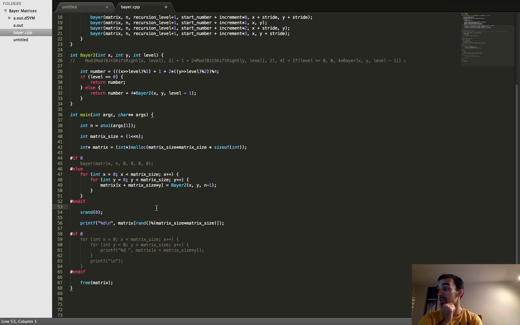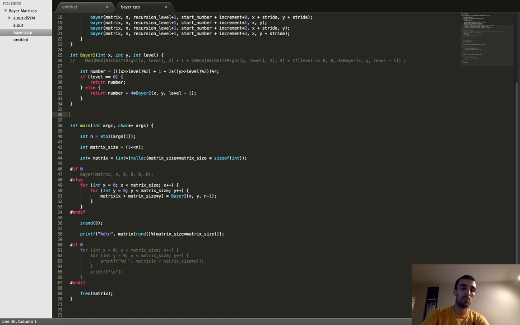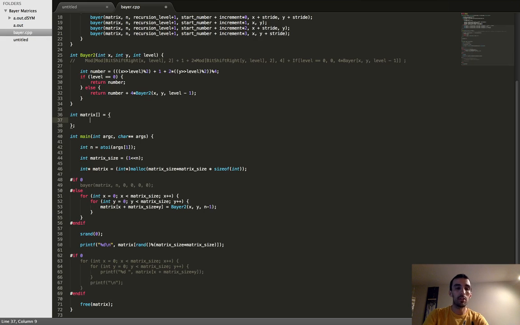You want to put them in a texture, or not even in a texture. You can just load the matrix into static memory in the shader, right? You can write this in your shader and then start putting values here.